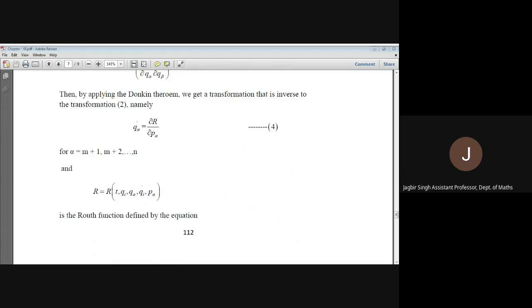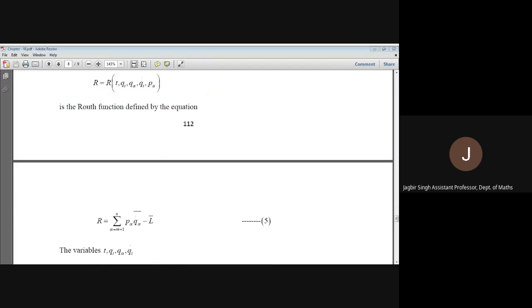Also, R will be a function of t, qi's, q alphas, qi dots and p alpha, defined as R equal to the summation, which runs over those variables which are changing from old to new, that are p alphas. So p alpha into q alpha dot, where alpha lies from m plus 1 to n, minus L bar.